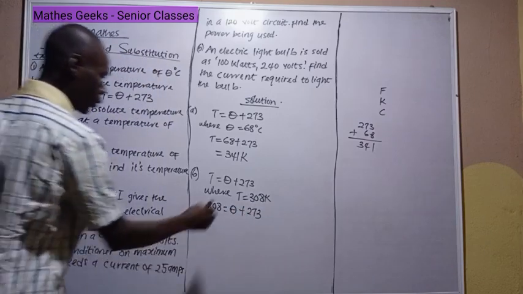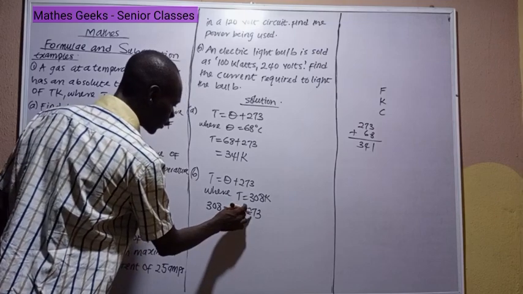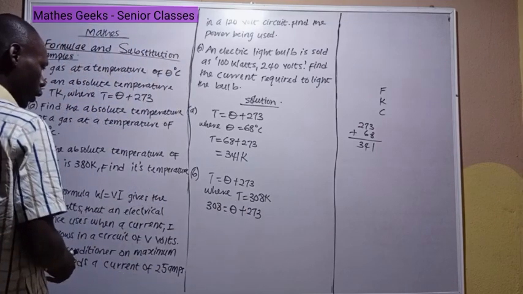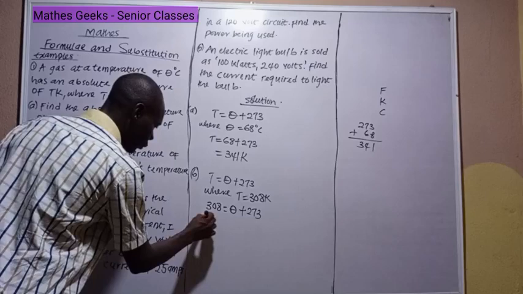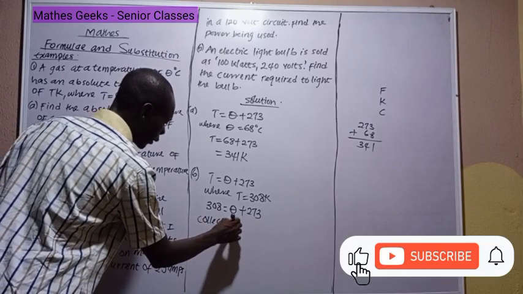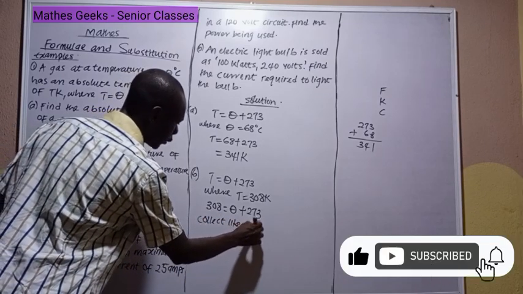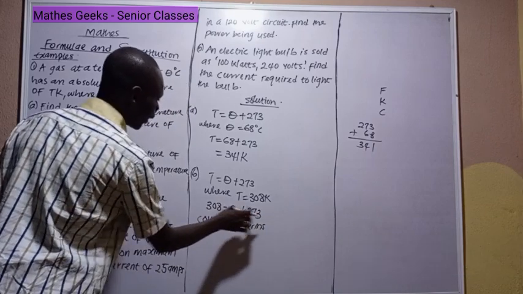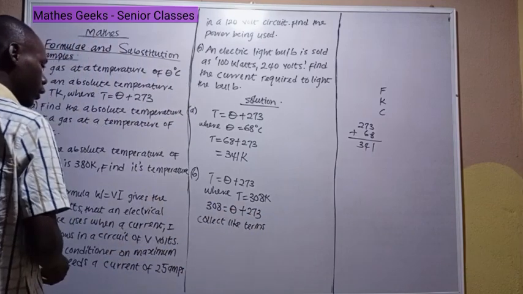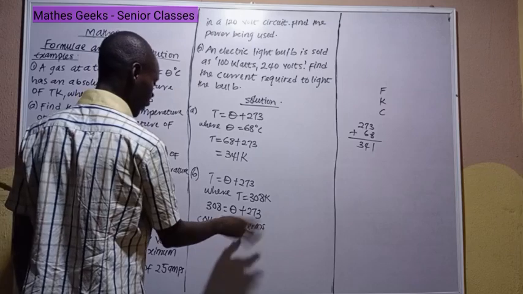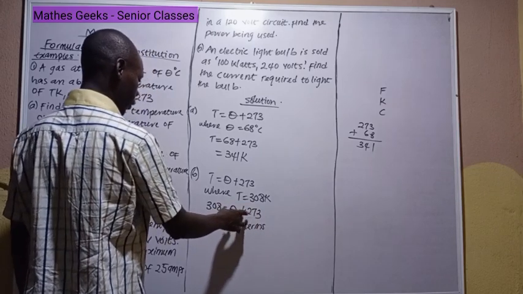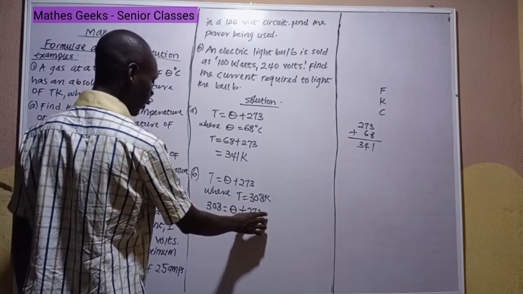Now the next thing, for us to be able to get the value of theta, we're going to collect like terms. These two terms are alike. A rule that you must observe when collecting like terms is that this sign is attached to 273.